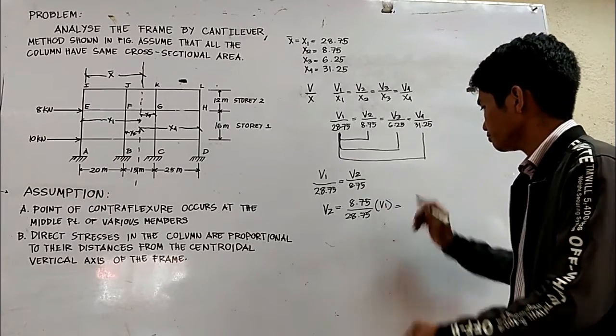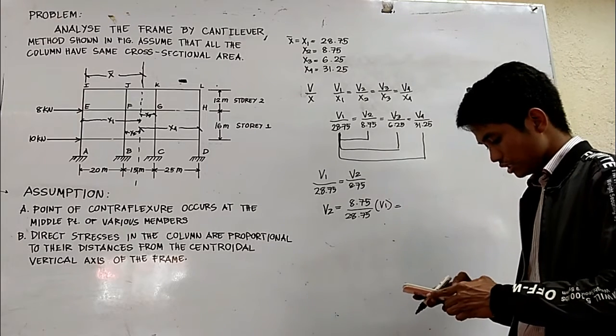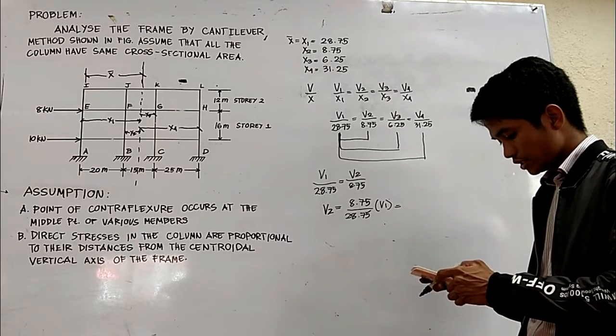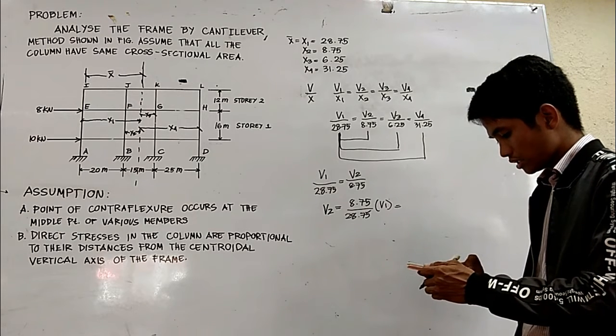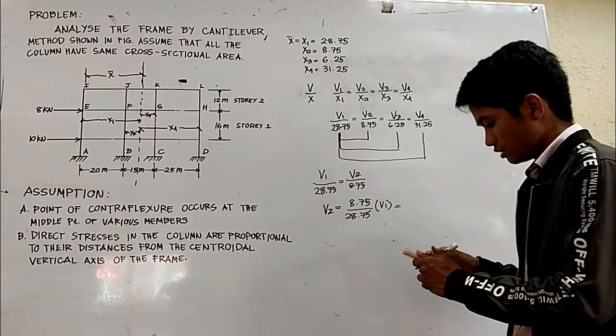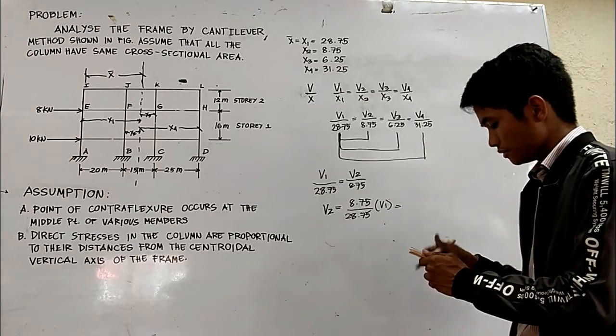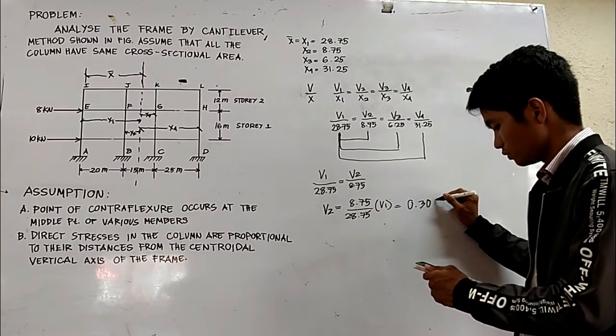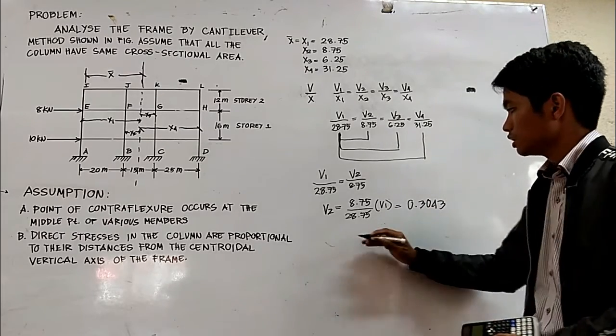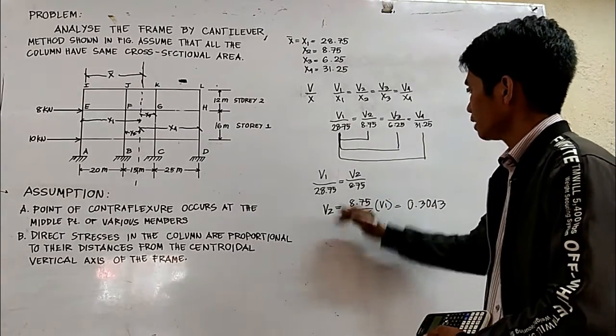So we simplify 8.75 over 28.75, which is 0.3043.